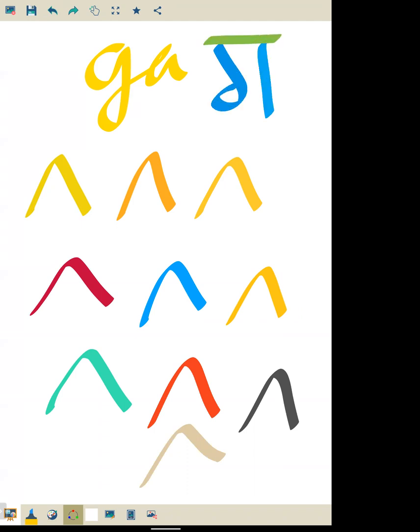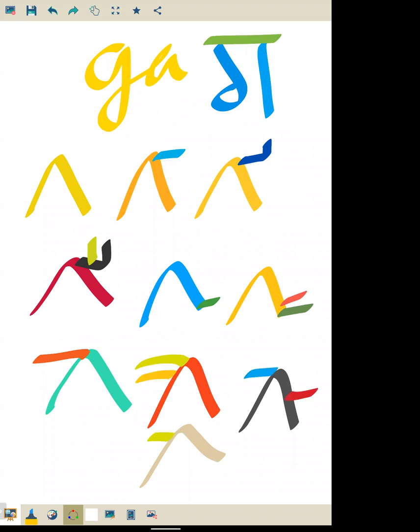And then ga, gi, gi, gu, long u, gu, ge, gai, go. So try to understand. Slowly you can have all the vowels. So it is a ga.